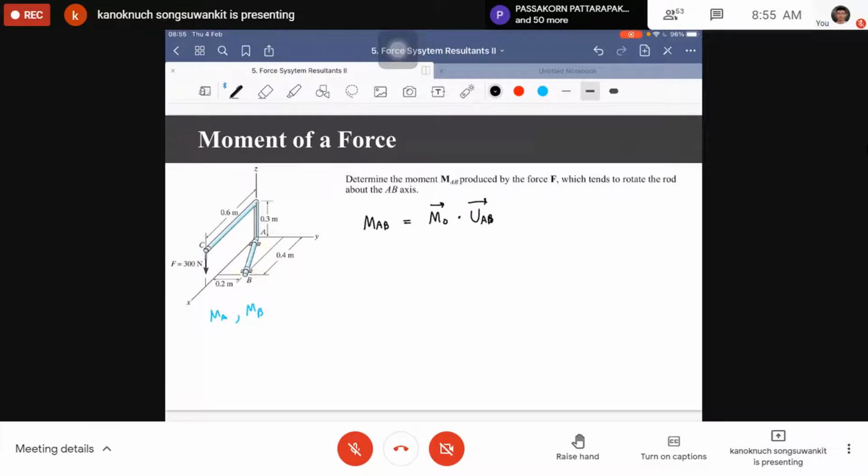For the dot product, we know that it has the property that it can switch its places, so MO dot UAB or UAB dot MO have equal results.